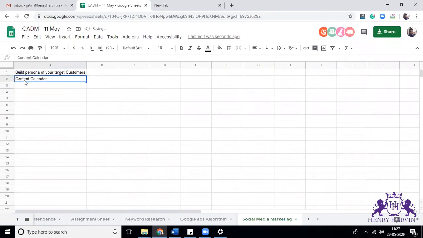Or even before that, you will identify a brand proposition. Big brands do it, small brands don't. Brand proposition includes identifying your competition, your product worth, your product reputation, everything. Then the content calendar, what you want to achieve through that.